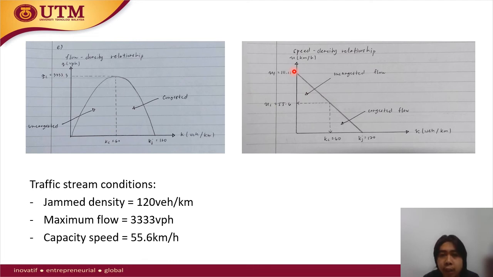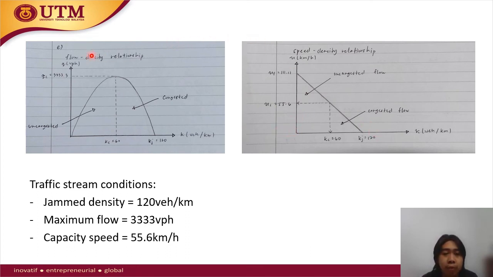Thus, the density of the traffic flow gradually increases until we reach half of the maximum density, which is 60, and at that point we hit the critical speed, which is 55.6 km per hour. When we reach the maximum density, the speed of the car significantly decreases to 0.